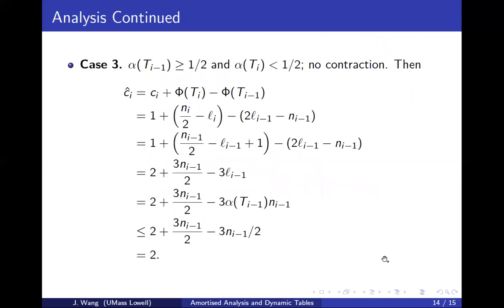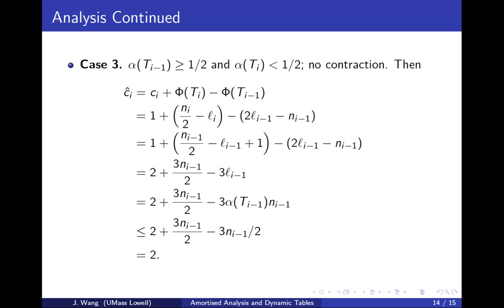Okay, case number 3. Before this deletion, the load factor is greater than or equal to 1/2, and after the deletion, the load factor is less than 1/2 and there is no contraction.